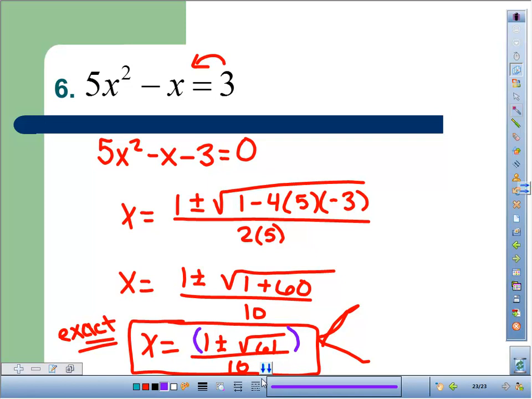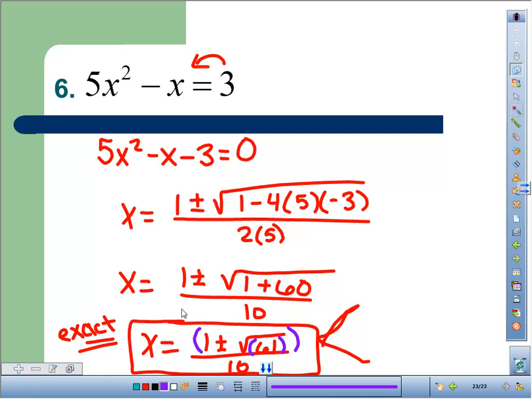However, on some of your calculators, if you put your square root and you automatically get a parenthesis there, you're going to have to end it with 2 parentheses because you have to close the 61 and then close the numerator. And then you can do divide by 10. You can do all this in the same line on your calculator.